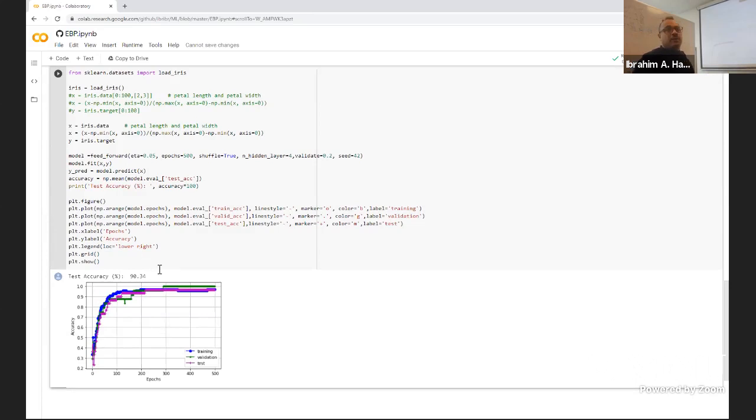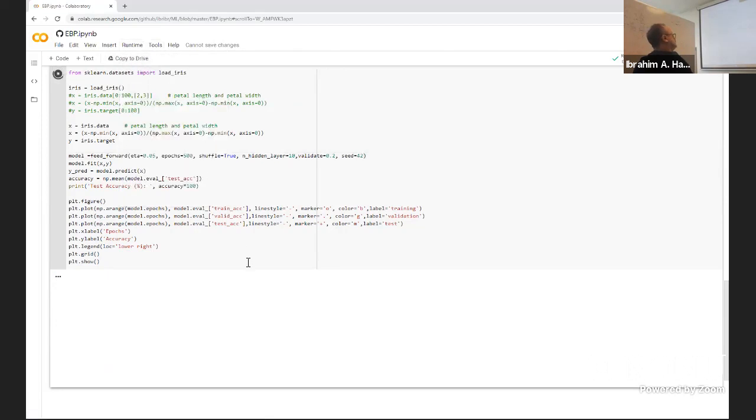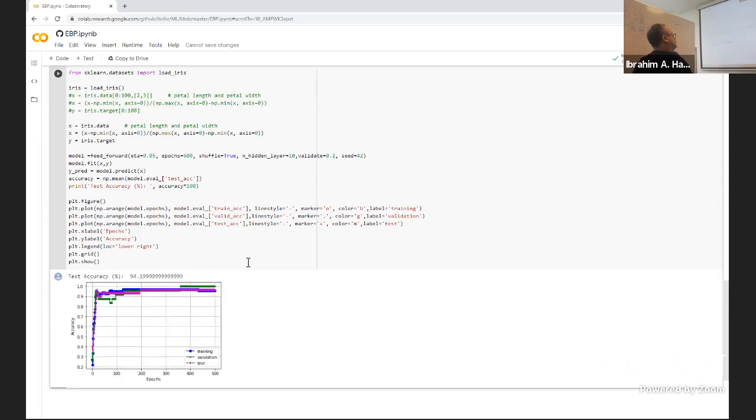Maybe it's underfitting the data because the model is simple. Maybe we need more hidden units. I'm using here 4 units as the hidden layer. Maybe we need more, right? Could be 10, for example. It could, I mean, improve it. You know, it's 94%.